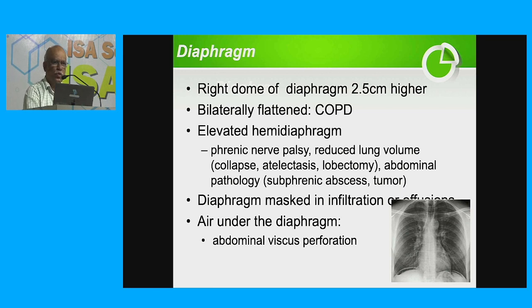Whenever you see a diaphragmatic lesion, it can be a flattened diaphragm, as in COPD I told. Then an elevated hemidiaphragm, or the diaphragm can be pushed up or pushed down, for many reasons. Then air under the diaphragm with a perforated viscus. All these things should be made out in the diaphragm.